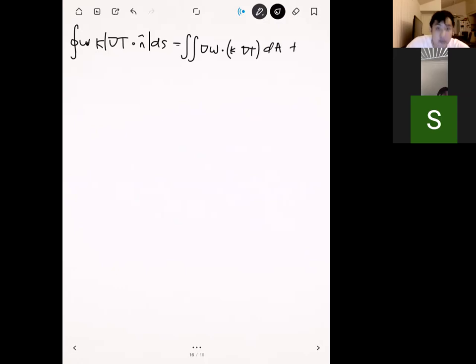And then to this, we're going to add our source term. This should be a minus right here. Double integral of w of x and y, s of x and y, dA.